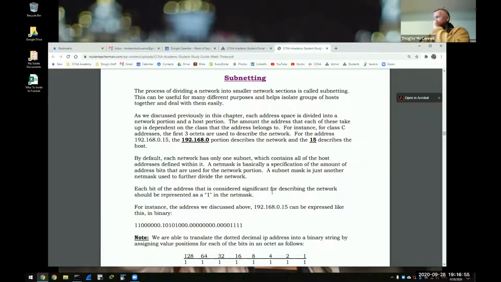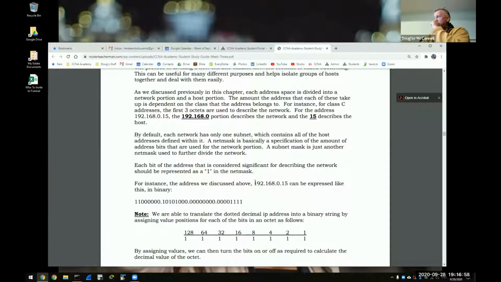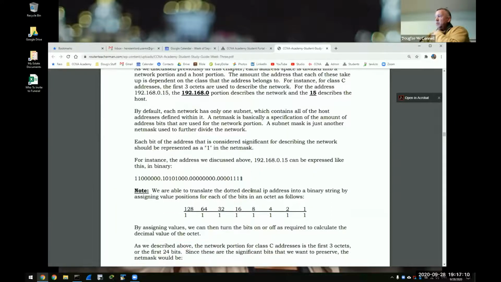For instance, we would express this address 192.168.0.15 in binary like this. And as you recall, when we reviewed this in our IP addressing section, each of these bits in an octet has a value position, right? It's either on or off.